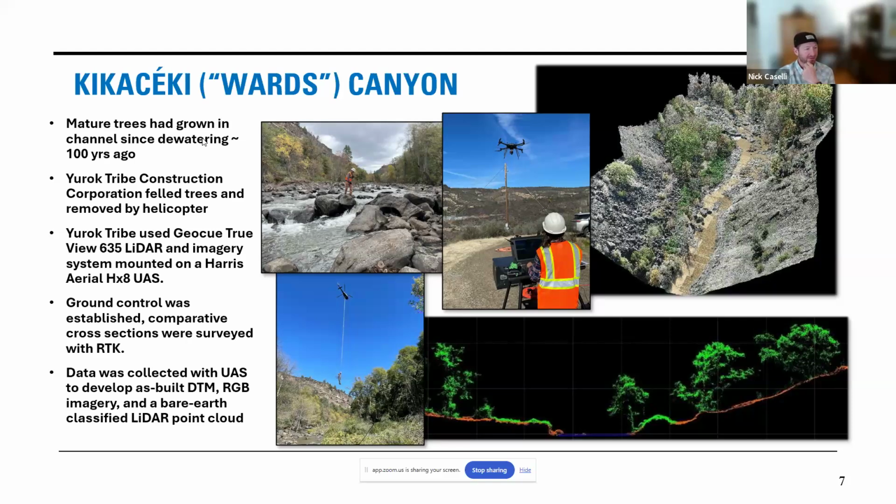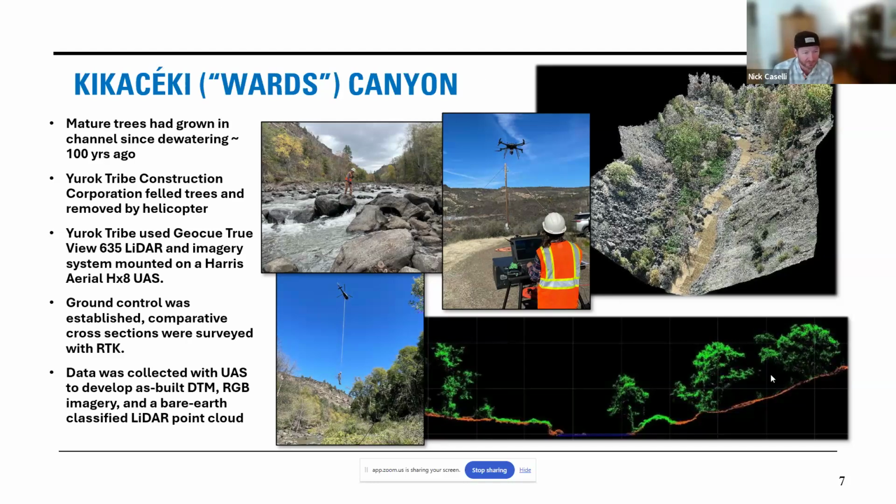And then after the fact, that exposes this channel bed, and we did the as-built maps of Ward's Canyon post-tree removal. So access, again, is difficult. We used a LiDAR and imagery system mounted on a large drone to collect data. It took a little while to establish ground control, some tough hiking in there, and we also surveyed in cross sections. And then that data was used to create as-built surfaces. A couple of the images here.